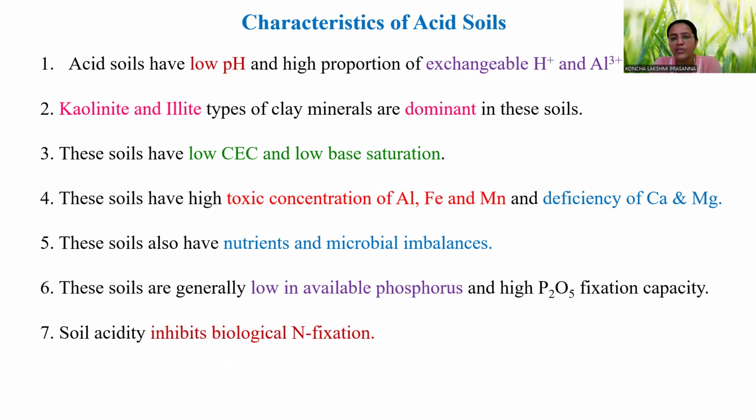They have a high concentration of iron, aluminium and manganese ions, with deficiency of calcium and magnesium. These soils have low nutrients and microbial imbalances because of low pH. They are generally low in available phosphorus and have high phosphorus fixation capacity, making the phosphorus insoluble for plant growth. Soil acidity inhibits biological nitrogen fixation.